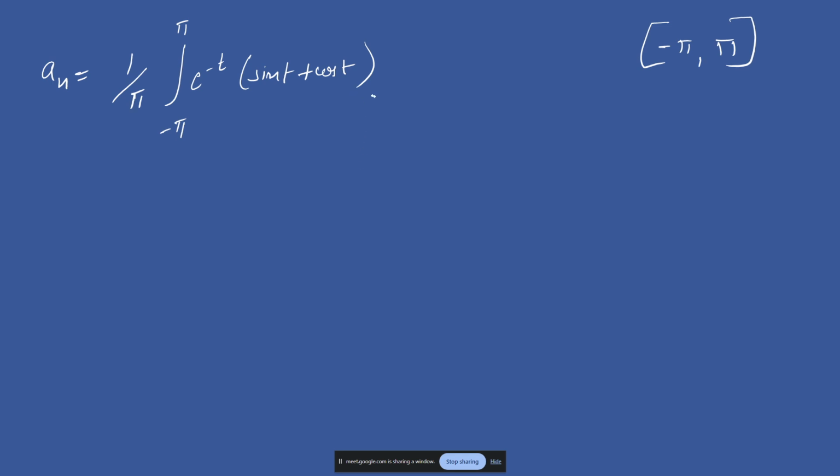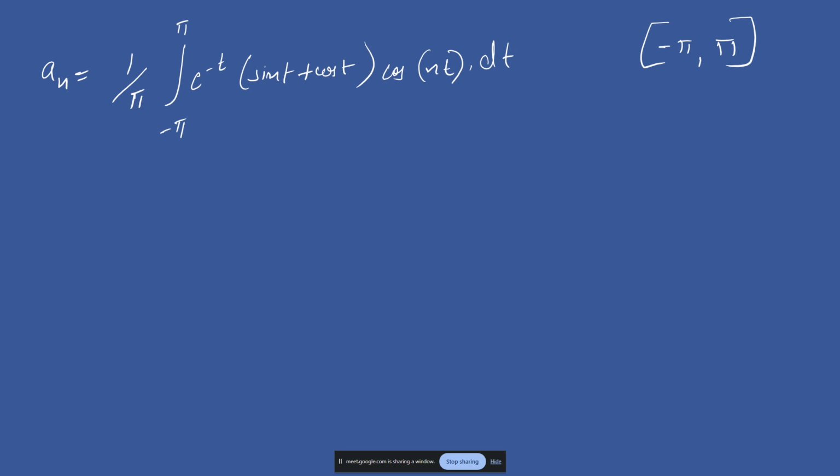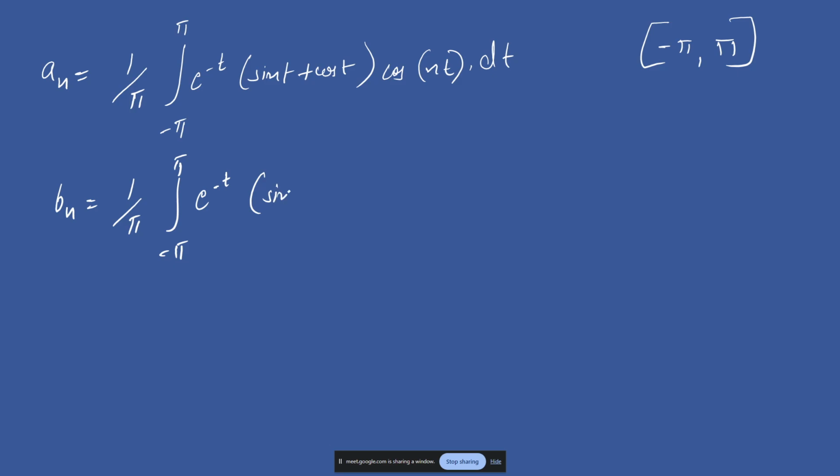Because f(t) and then the cos term will come. And for this case the coefficient bn will be given by 1 by pi, integral from minus pi to pi of e^(-t) (sin t + cos t) sin(nt) dt.